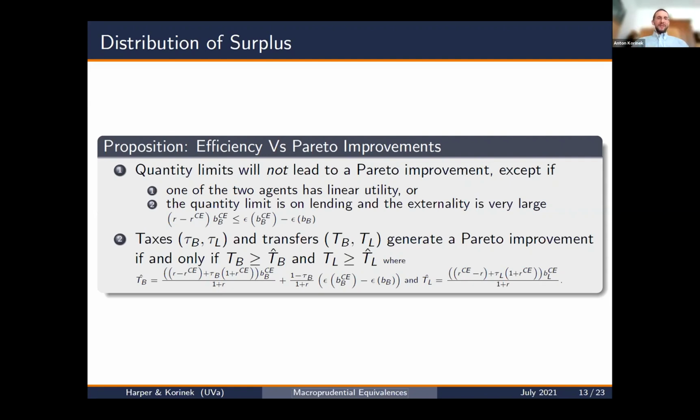Generally speaking, we will have to split the surplus between the two sets of agents in order to get a Pareto improvement. If we give it only to one of the two, then it would not be a Pareto improvement. Then it would be, again, like in case one here, that one of the agents is better off and the other one is worse off, even though overall efficiency in the economy has gone up.